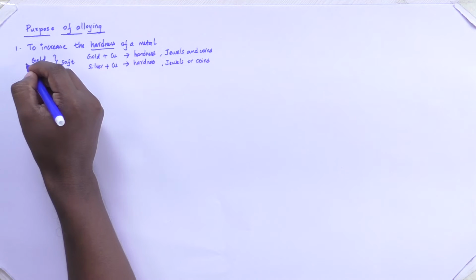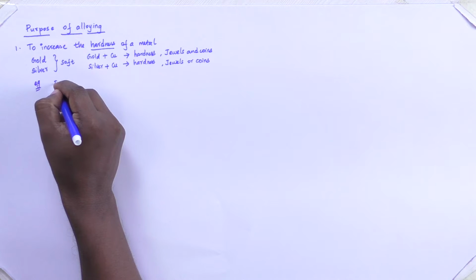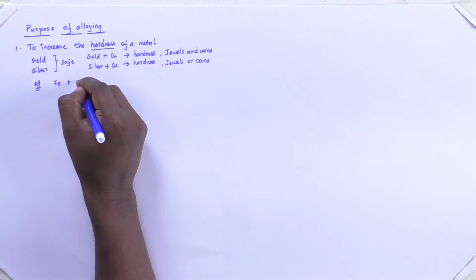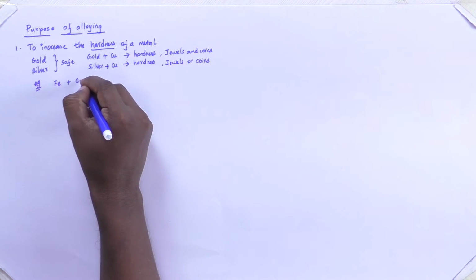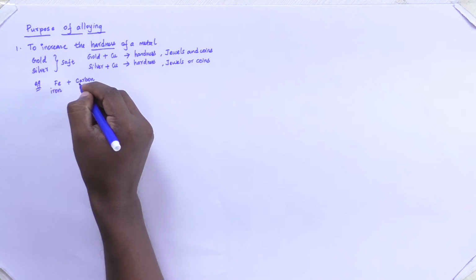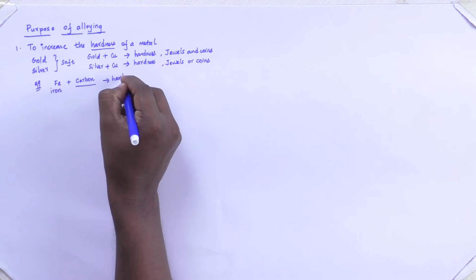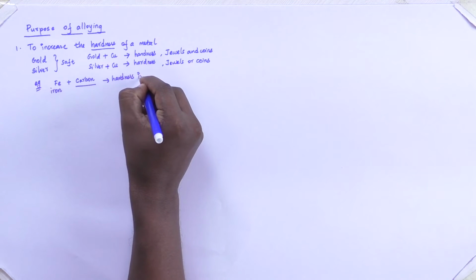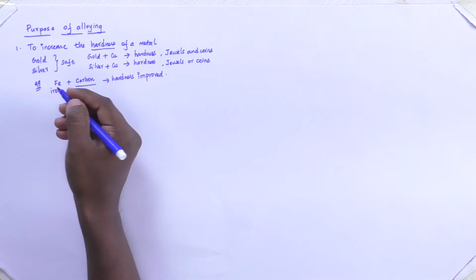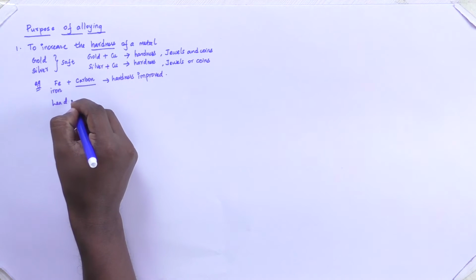If you look at other examples, for example iron, its hardness can be improved by adding a certain percentage of carbon. So this is iron metal, and when it is added with a few percentage of carbon, its hardness gets improved. Another example is lead, which we represent as Pb.